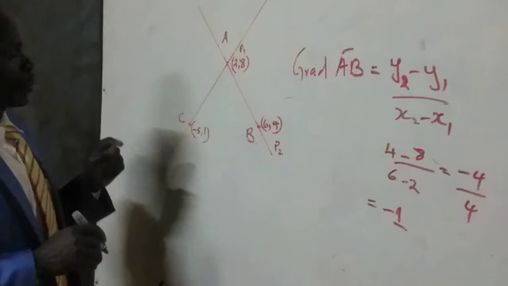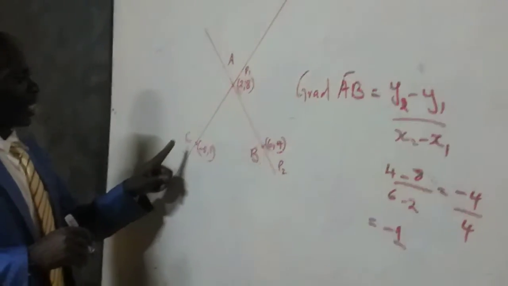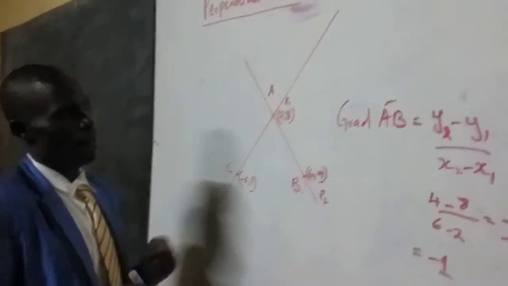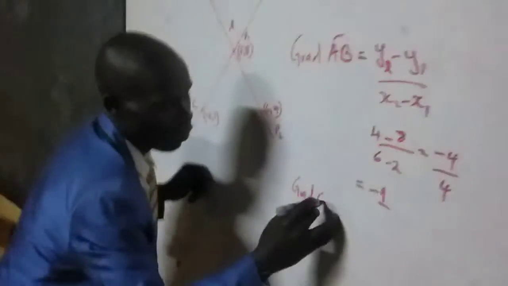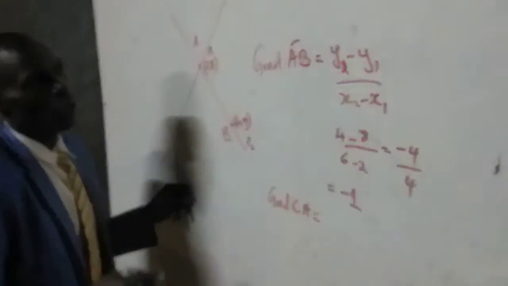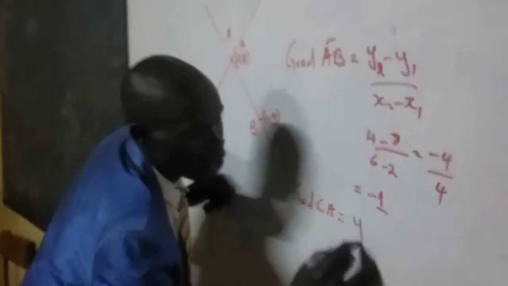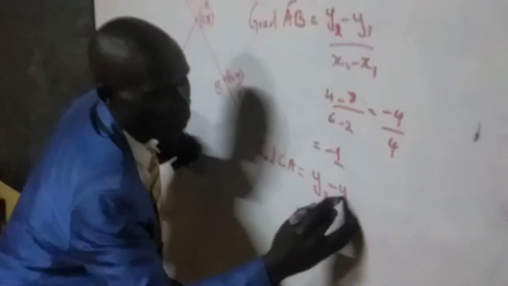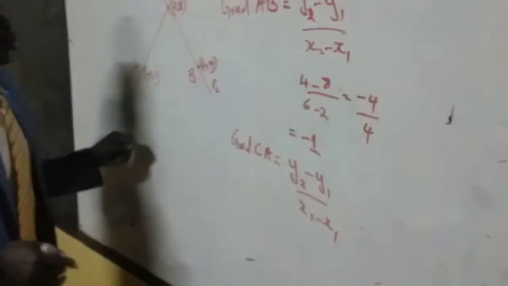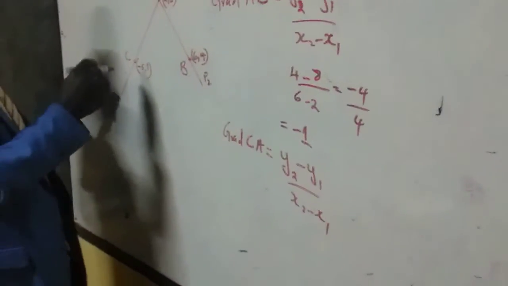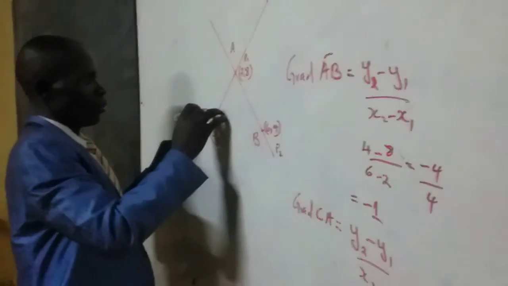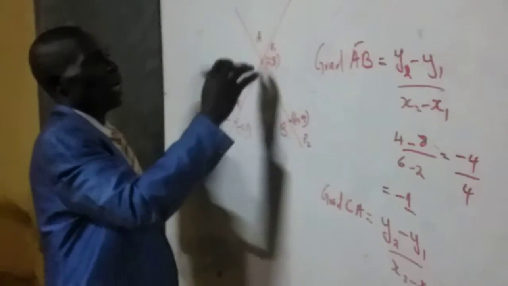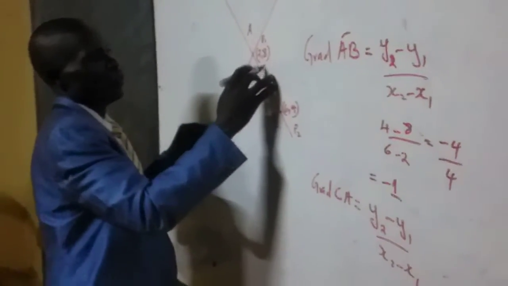So let's attempt to get the gradient of line CA. The gradient of line CA will also be the change in y, that is y2 minus y1 over x2 minus x1. So let this be our point P1, and this one be our point P2.